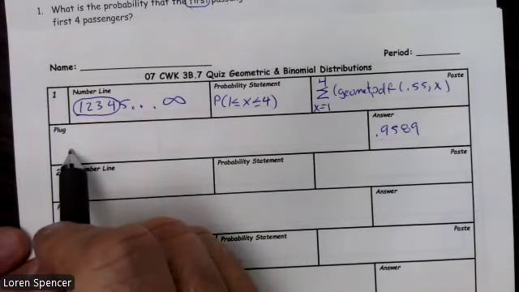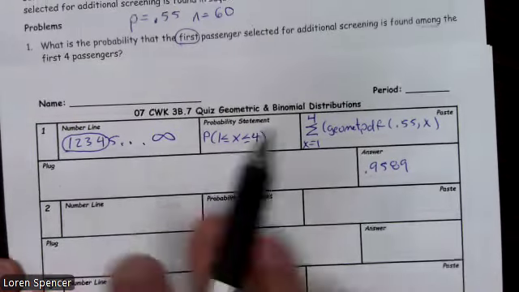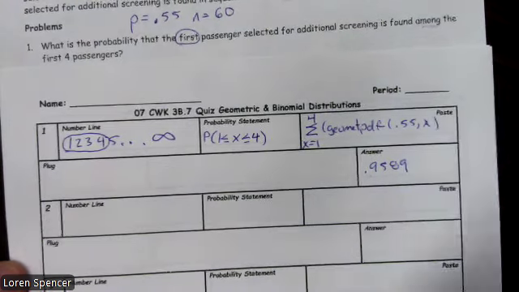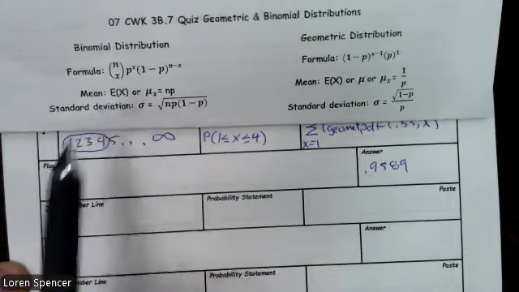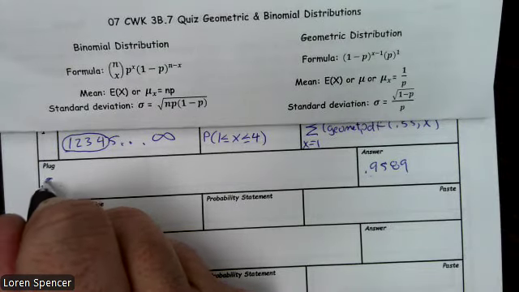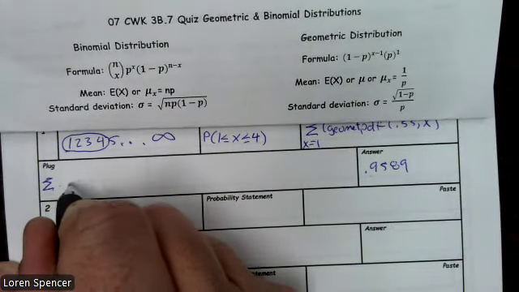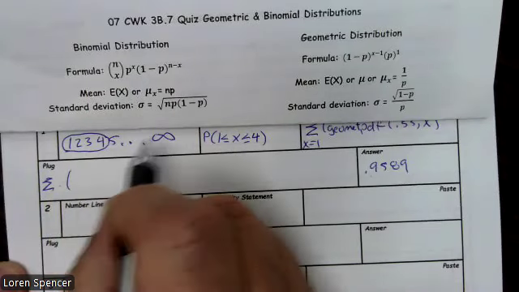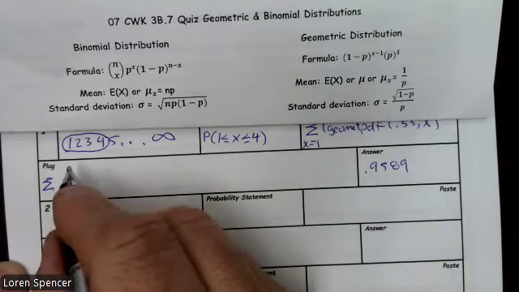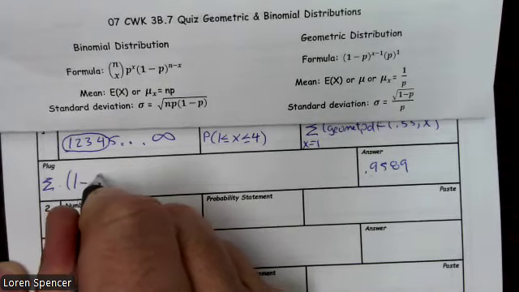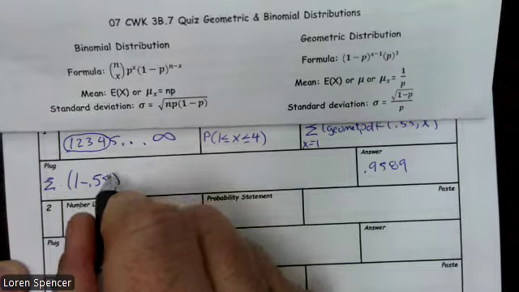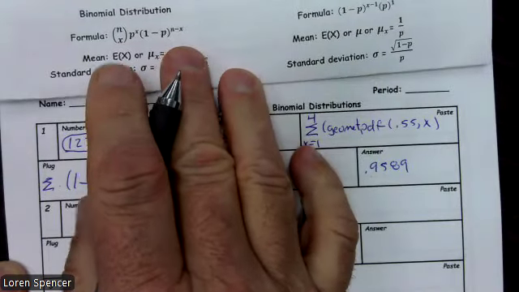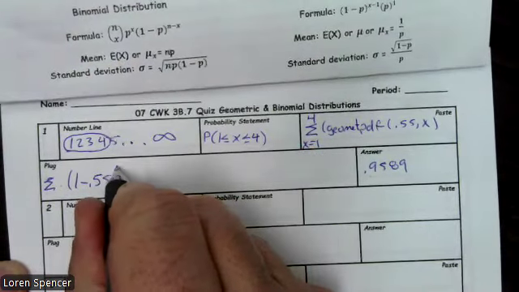Now, what I didn't do is I did not put my plug. My plug is going to be placing back into the equation. Let me get the equation over here so we can take a look at it. In choose X, but we know we have to have a summation. Summation, well, in this case, it's 1 minus 0.55, X to the minus 1. Well, our X value in this case is 4.